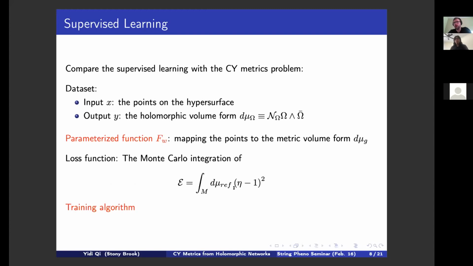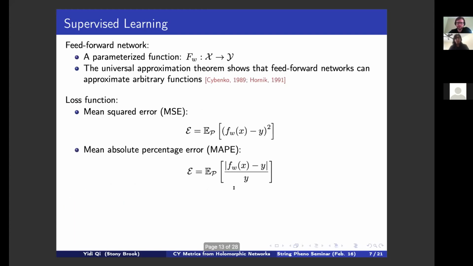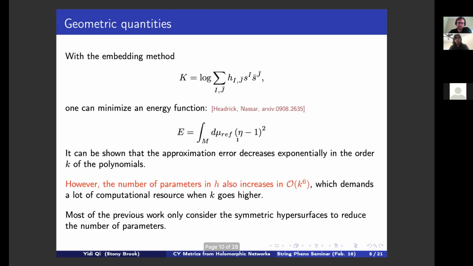Is there a worry that getting this loss function to be small but non-zero doesn't necessarily result in very small Ricci curvature? Yeah, that's a good question. I think in the original paper of Headrick and Nassar, they discussed that, and they showed that you can have a small Ricci curvature if you minimize this loss function.